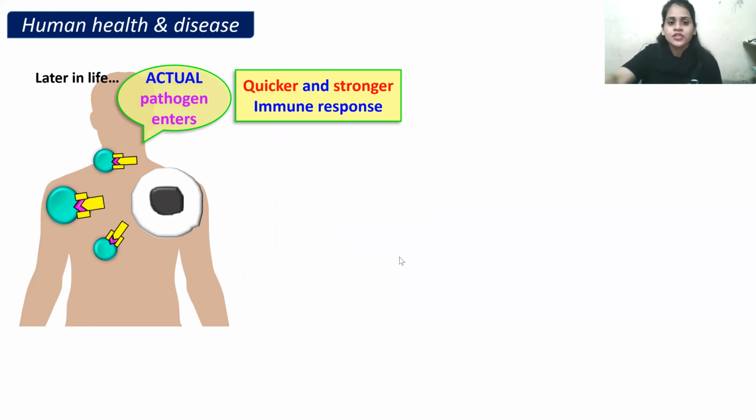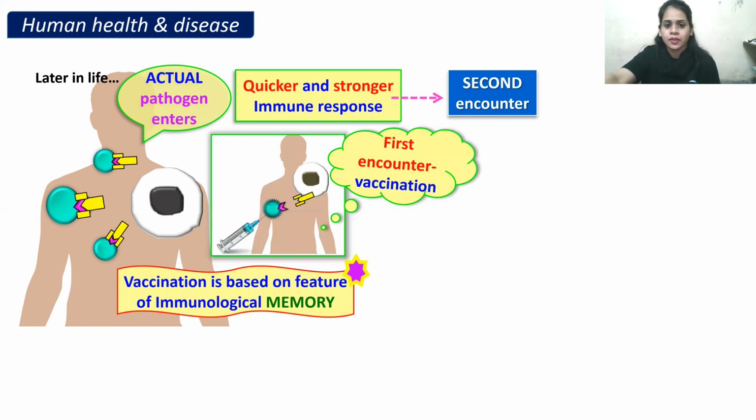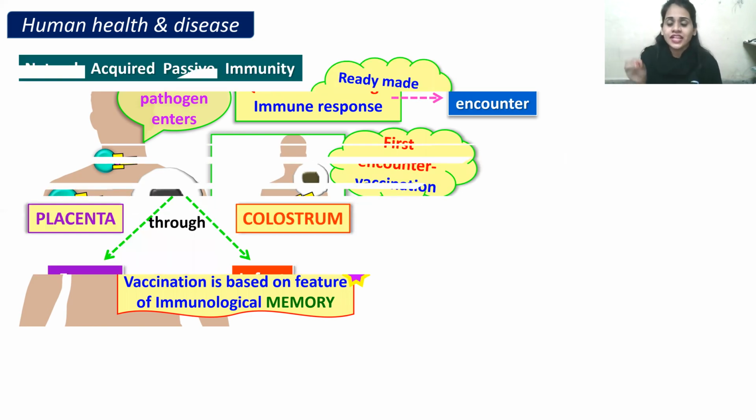Okay, so that is why we have to take vaccination, so that during second encounter, our body produces antibodies at a quicker and faster rate, and we get immune to a particular disease. Okay. So that is all about your active immunity.